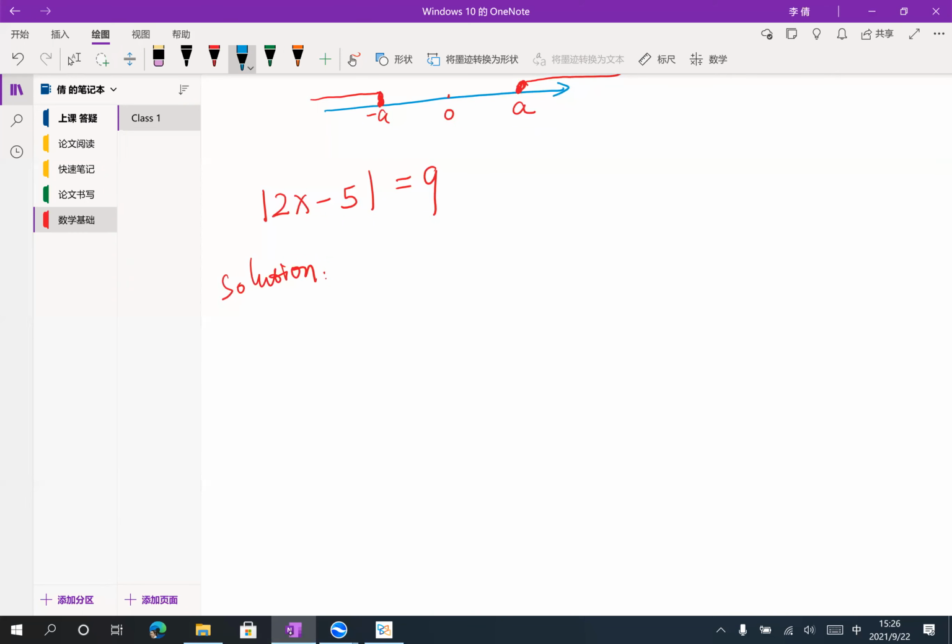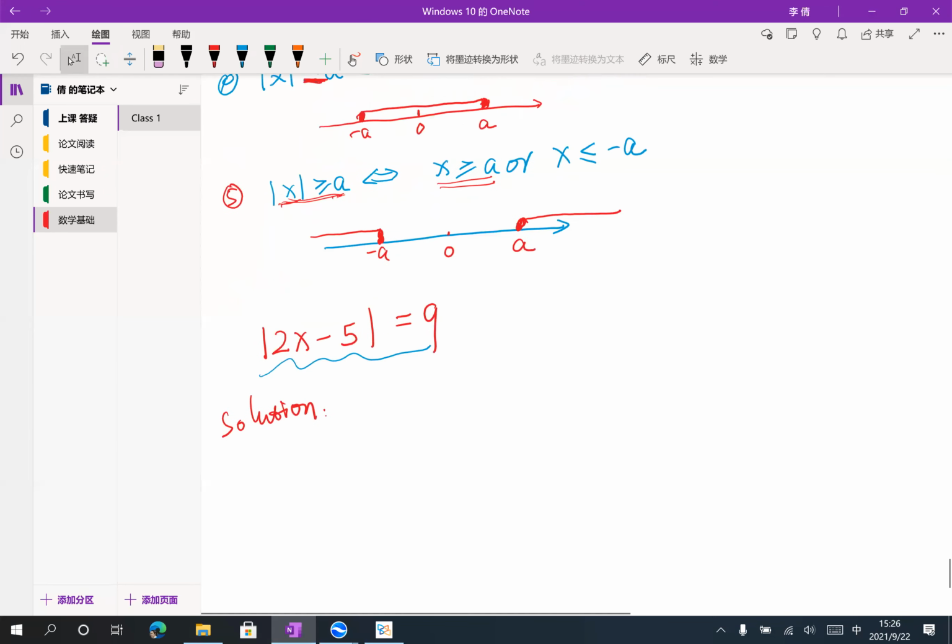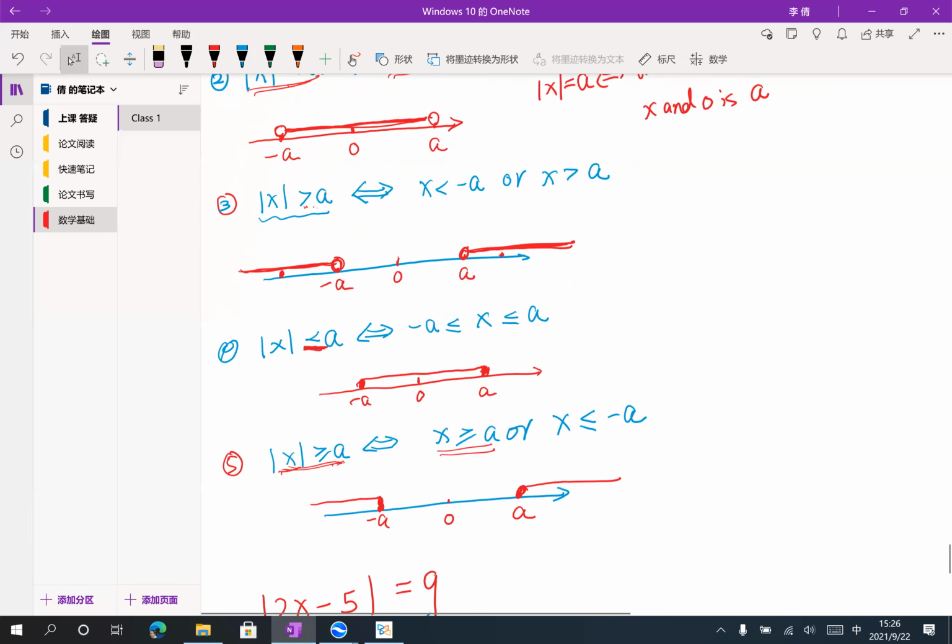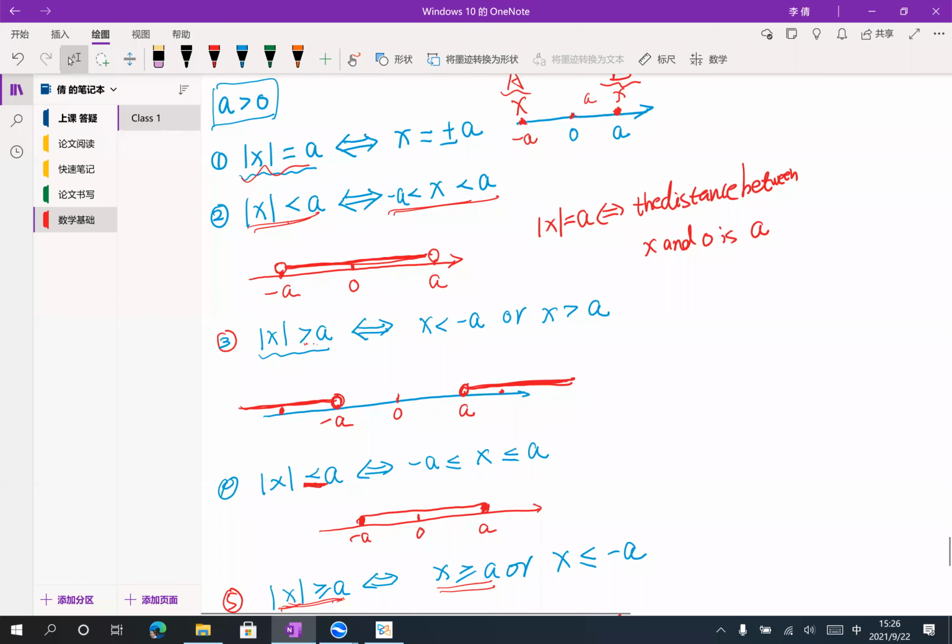From this equation we can use one property of the absolute value: if the absolute value of x is equal to a, if and only if x is equal to positive or negative a.